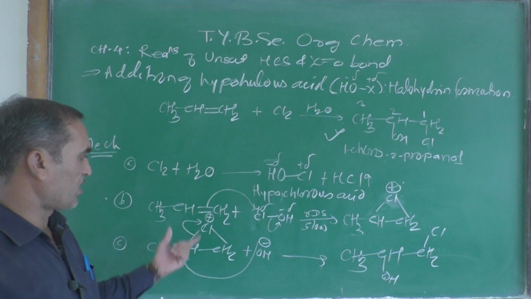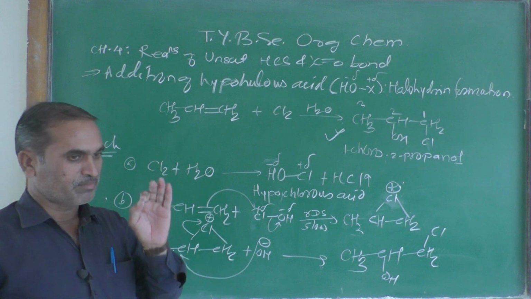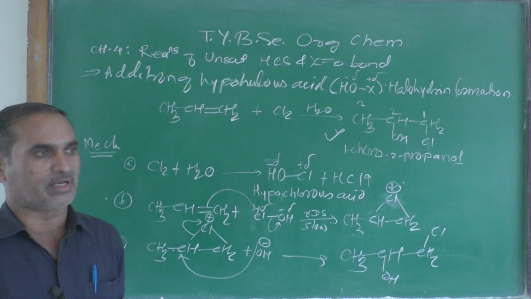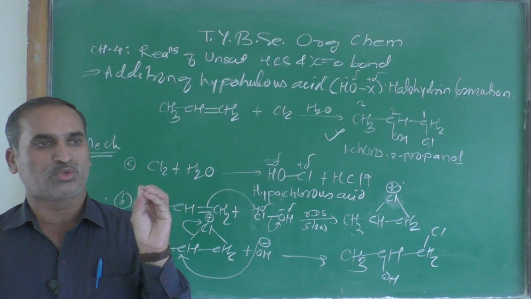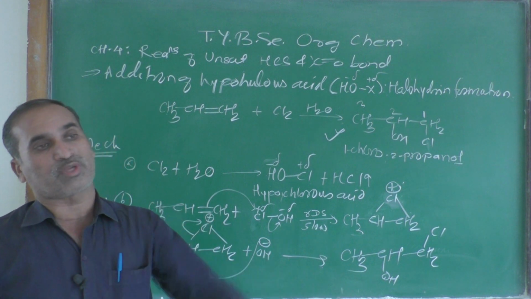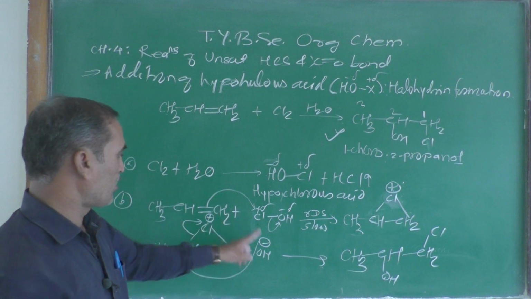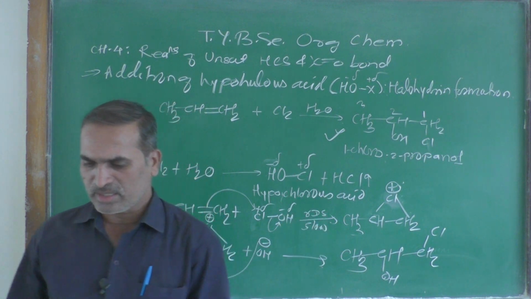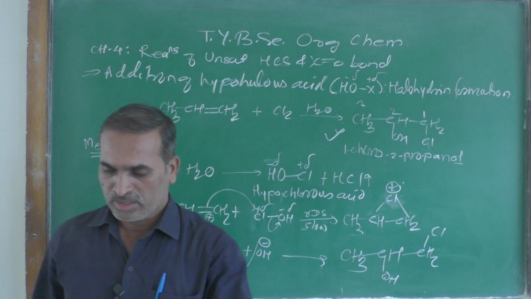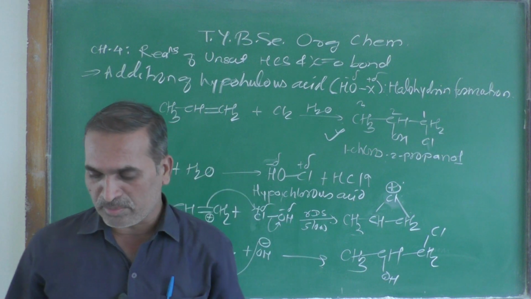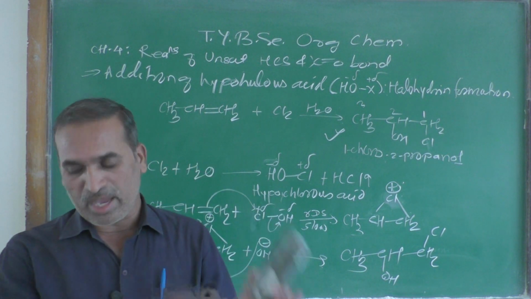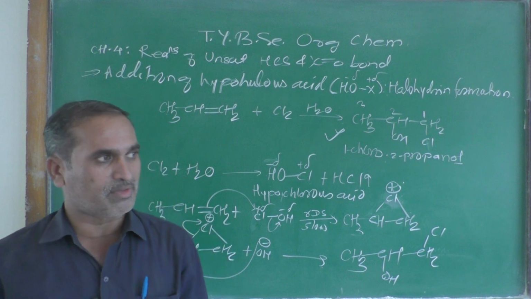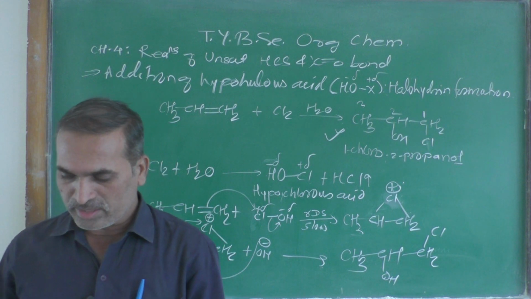And in the third step, what is happening? Regarding the stereochemistry, remember the OH attaches to the more substituted carbon atom, and therefore we get this one as the product. So there are 2 steps: the first is the formation of the halonium ion, and the second is the attack of the OH.